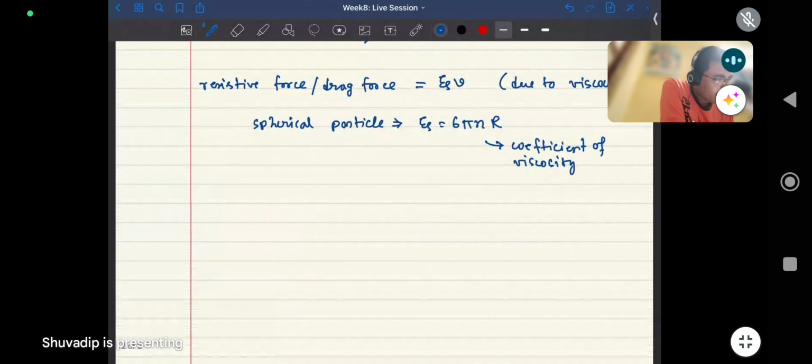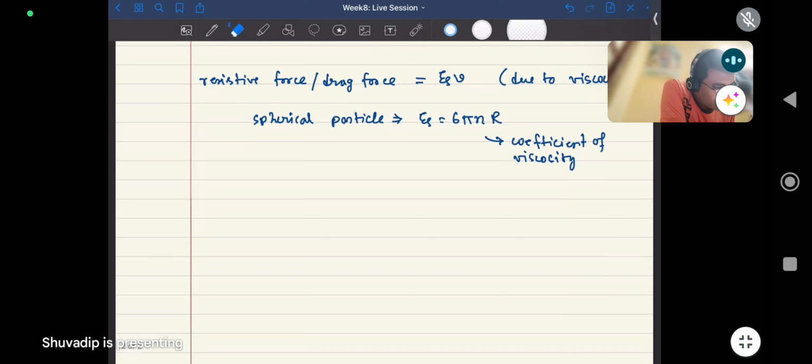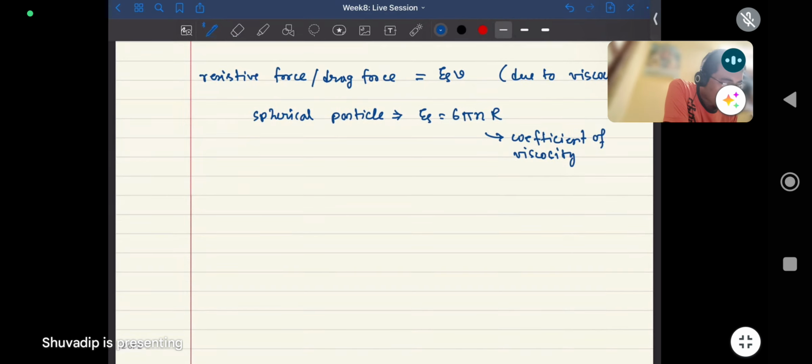That is one of the forces acting on the particle, and there will be another force acting on the particle, which is due to the thermal motion of the medium itself. If it is a solution, the solution particles themselves. The particle we are considering is very small, and there will be non-zero temperature in the medium. Due to non-zero temperature, there will be thermal energy associated with all the medium particles, which is basically kBT.